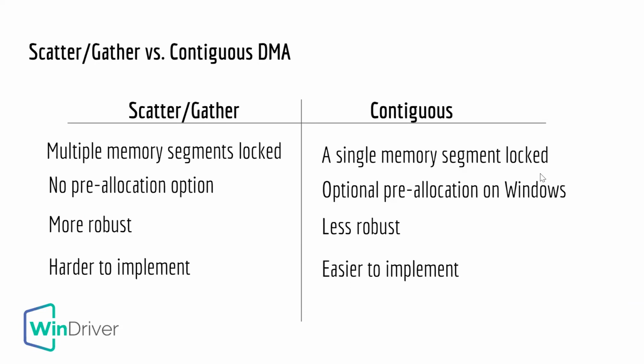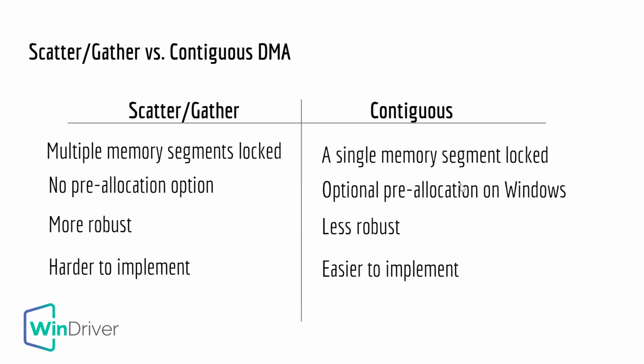So on Windows, and currently only on Windows, you can pre-allocate memory, which means that we allocate the memory from the boot. Okay, before the operating system starts and all the programs are running, and they may occupy the place that we want the DMA to utilize.